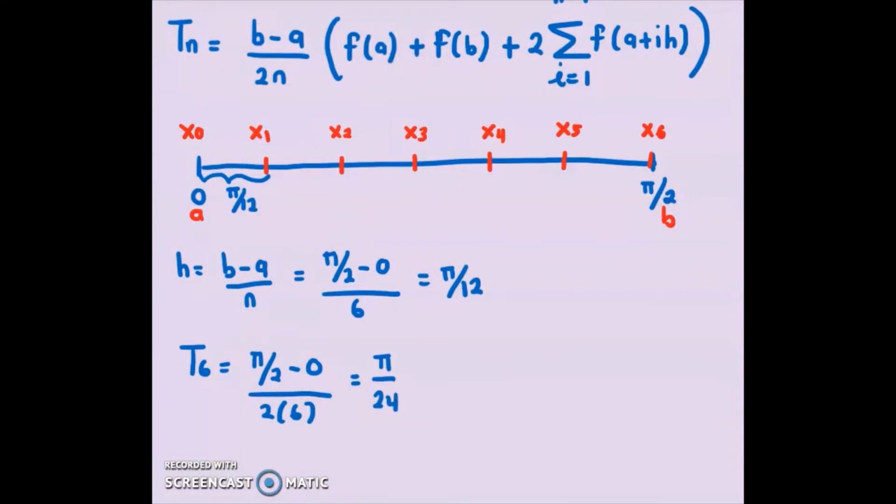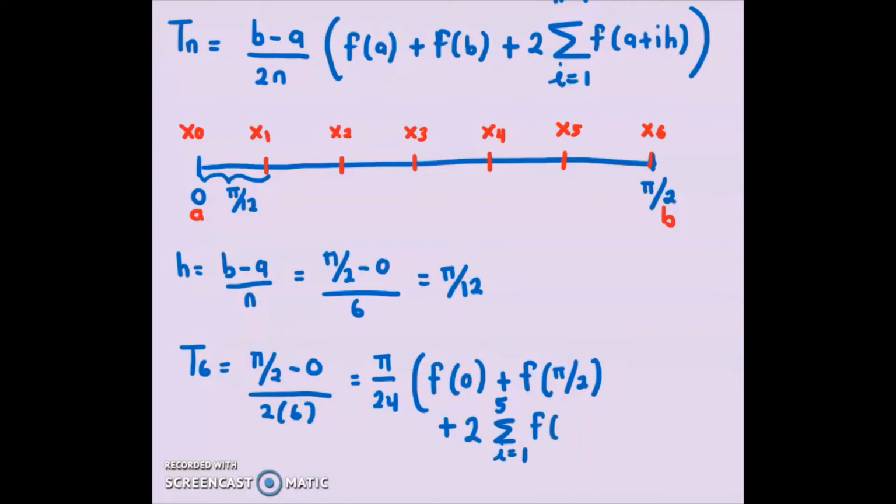Now I have f of 0, a is 0, plus f of b, b is pi over 2, plus 2 times the summation, now I start from 1 to n minus 1, which is 5, of f of a, which is 0, plus ih.